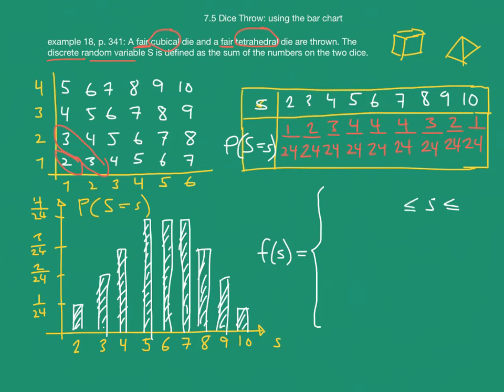So, if we start from 2 and going up to 4, we can see that it follows the same pattern, the probabilities. And then it's flat between 5, 6, and 7. So here it's different again.